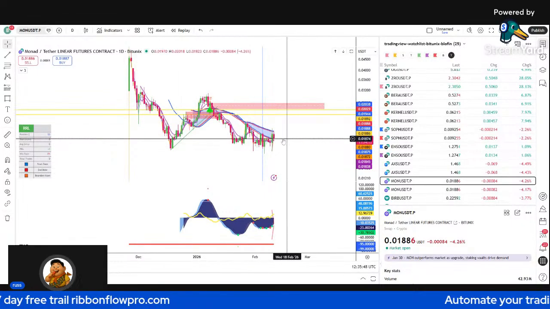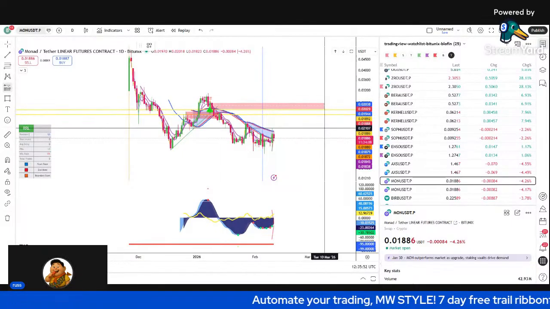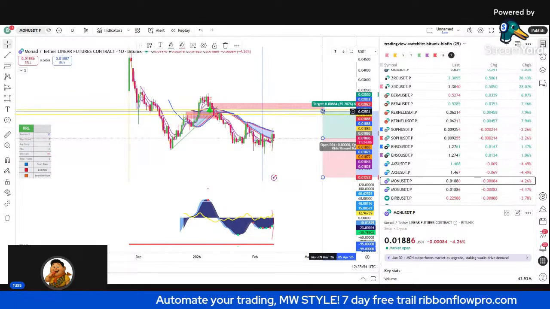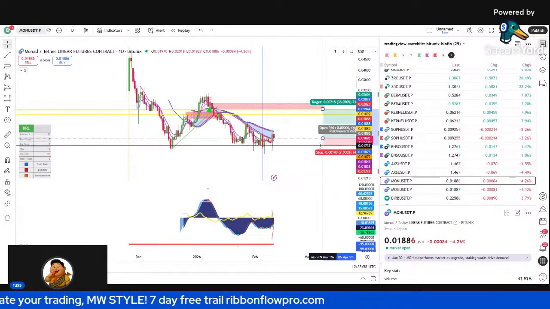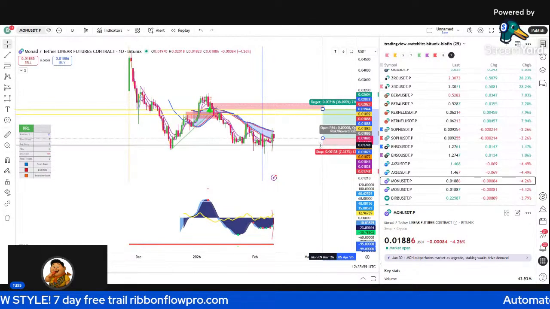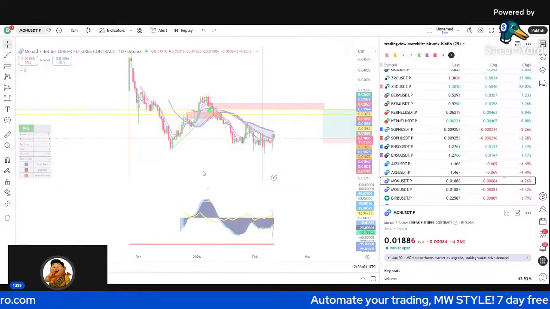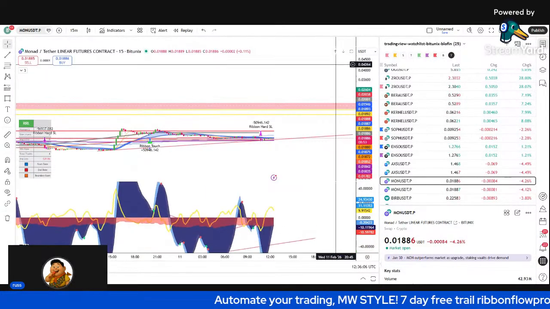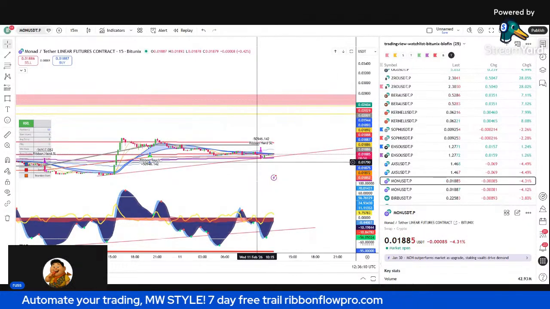So if you put a stop loss below the daily there, and from current price, target up here, maybe stop loss just at this low, or I would probably drop it to a lower time frame, see what's going on, maybe on a 15-minute time frame, wait for the close above on a 15.